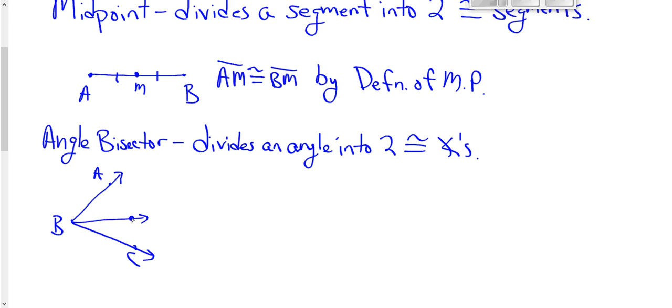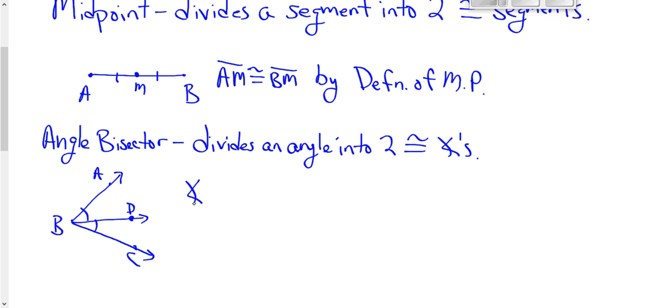And I'll call that point D. And now let's say that this ray BD bisects this angle. What did I just mark there? Those two angles there are congruent angle marks, right? So I can now say that angle B is congruent to angle what?